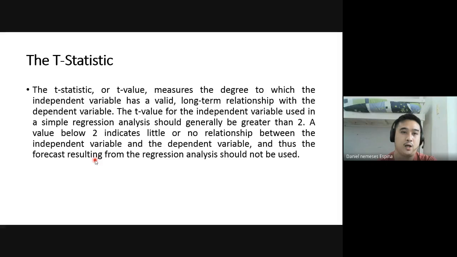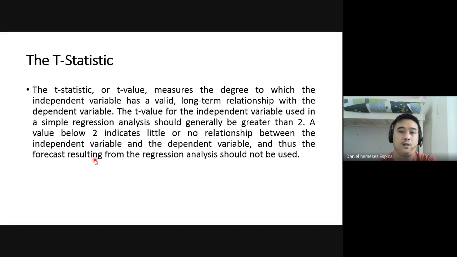Okay, so another statistical tool is the T-Statistic or the T-value. So it measures the degree to which the independent variable has a valid long-term relationship with the dependent variable. So yeah, the T-Statistics measures kung unsa ka strong or ka legit ang independent variable in explaining the dependent variable.